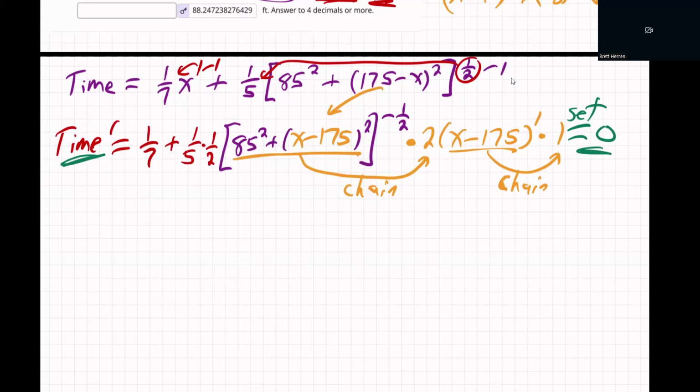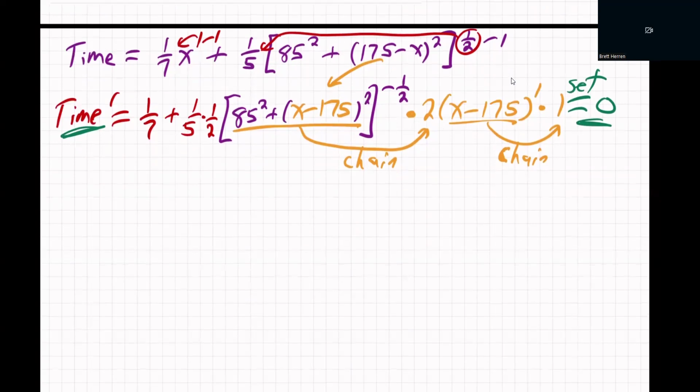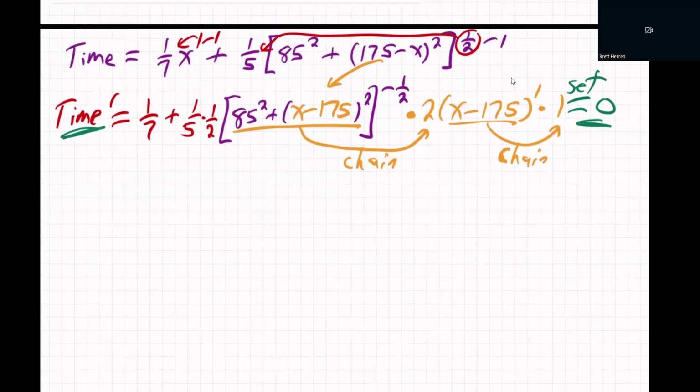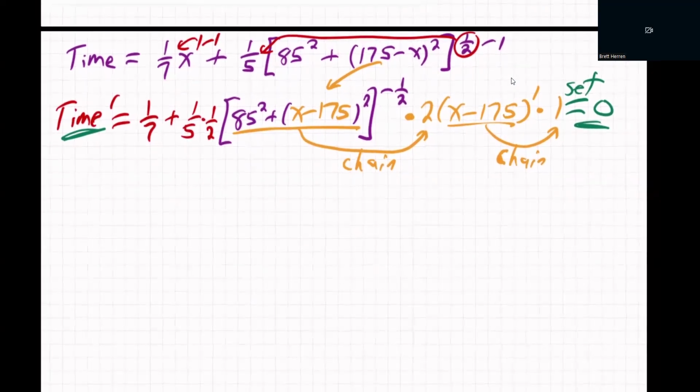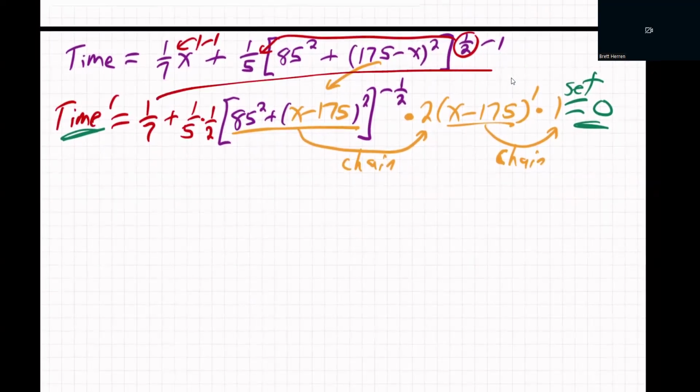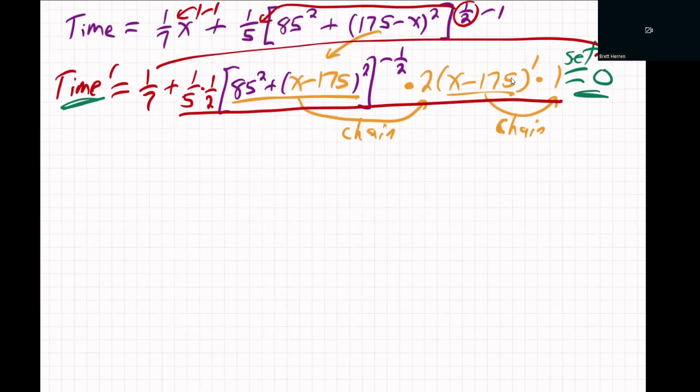So here we go. What am I going to do? I'm going to bump the 1/7 to the other side. So this is all one big term. You see, it's all multiplied together. So in fact, I'm going to do some tricks right now. The half cancels the 2. I'm going to start putting them together. They're gone.